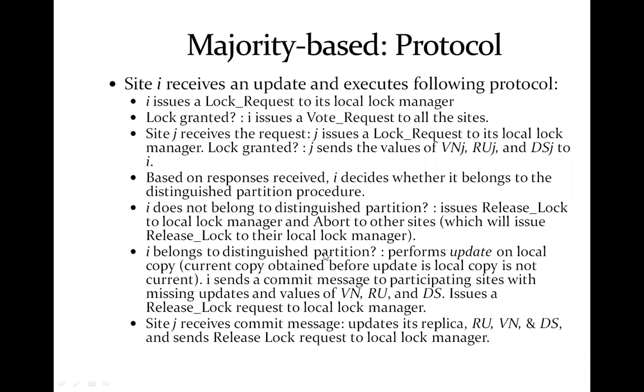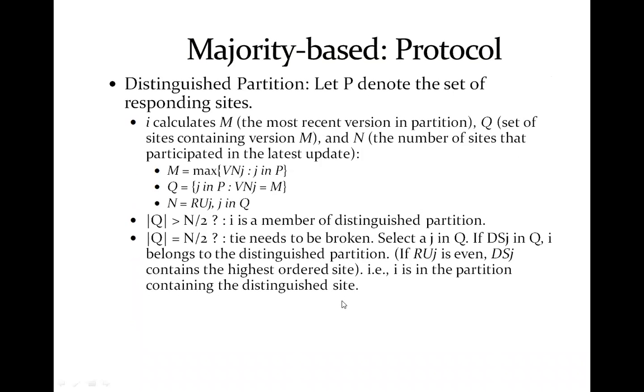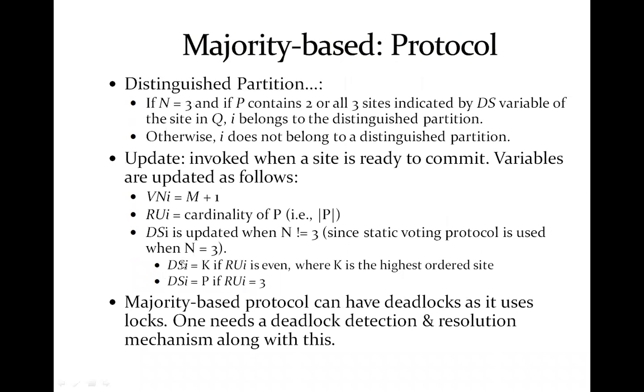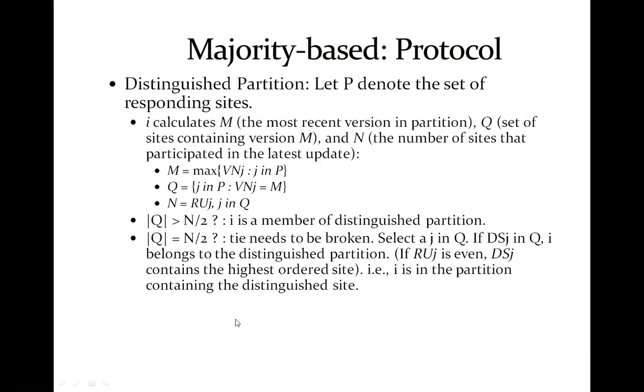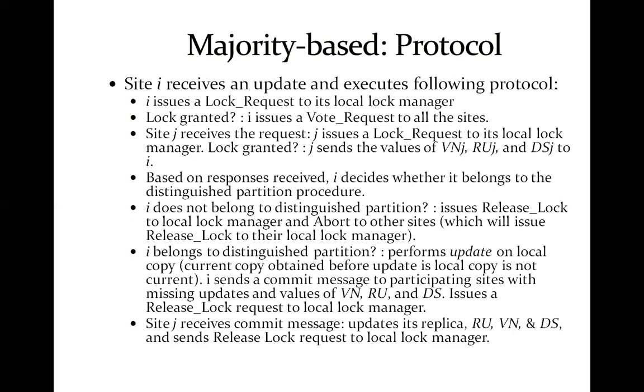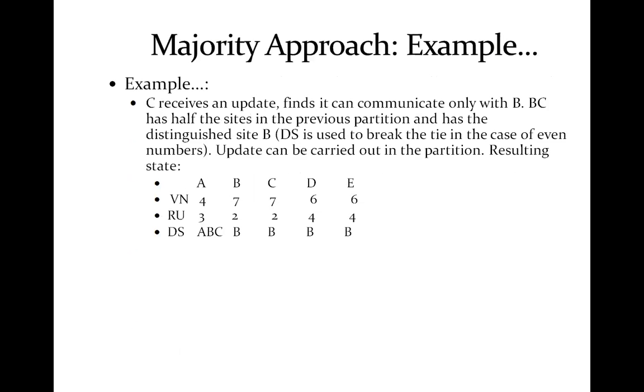If it belongs, then only it will do the updation process. So let us go back to the example, and then we will apply this algorithm and see how the values are changing in that particular case.